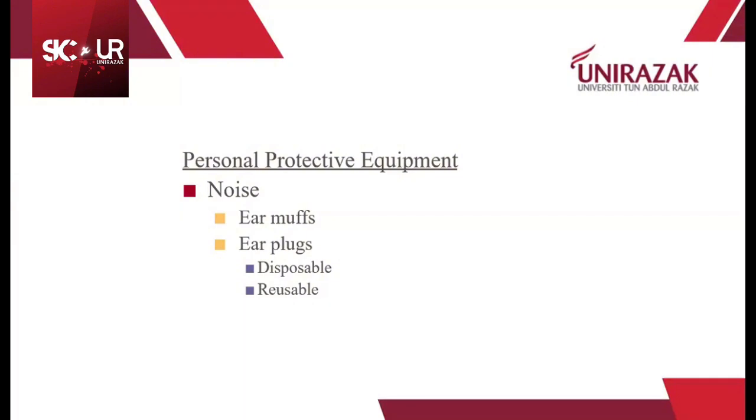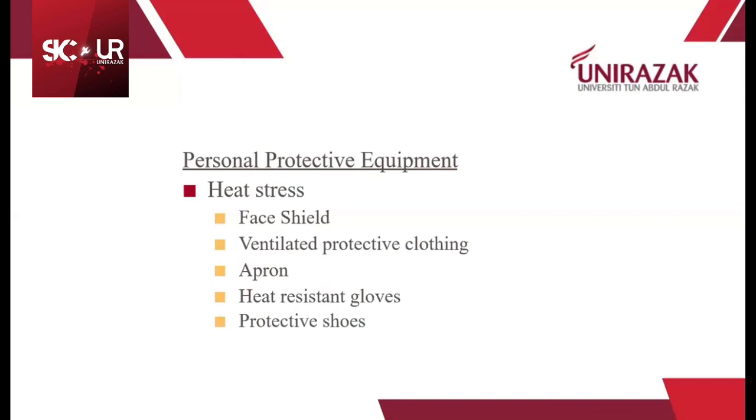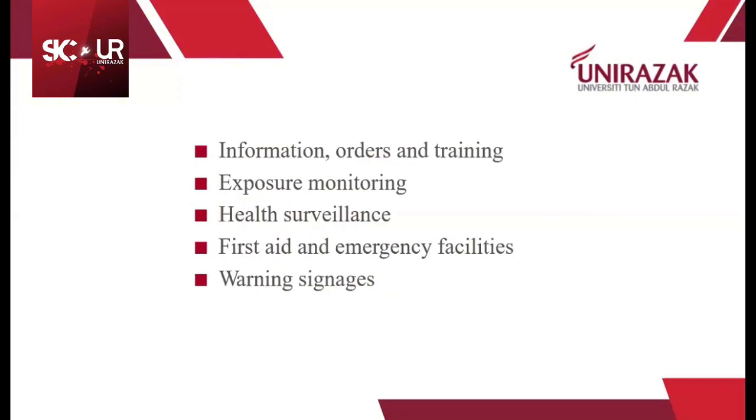Kena tahu bila masa nak pakai earmuff, apa beza earmuff dan juga earplug. Is it about the frequency ataupun is it about the time exposure? Heat stress: face shield, ventilated protective clothing, apron, heat resistant glove, protective shoe. Seterusnya information, order and training, exposure monitoring, health surveillance, first aid and emergency facility, warning sign.